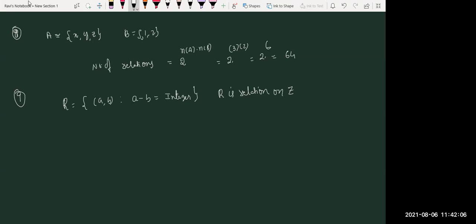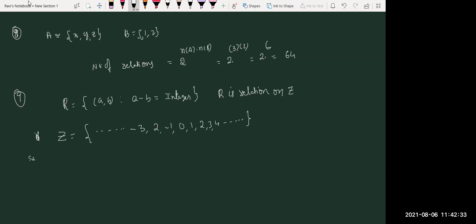You know everyone very well about integers. Integers mean we'll get negative numbers as well as positive numbers. The question is, if a comma b are two integers, is the subtraction of two integers again an integer or not? Yes, sir.